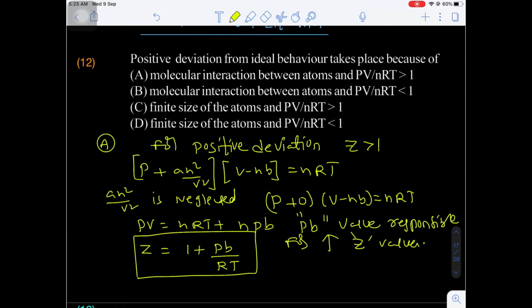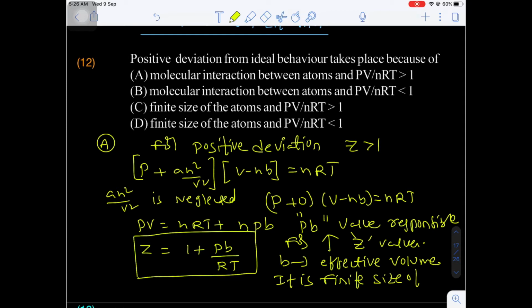Now here, what is b? b corresponds to molecular volume, effective volume. Are you getting my point? So it is the finite size of the molecule.